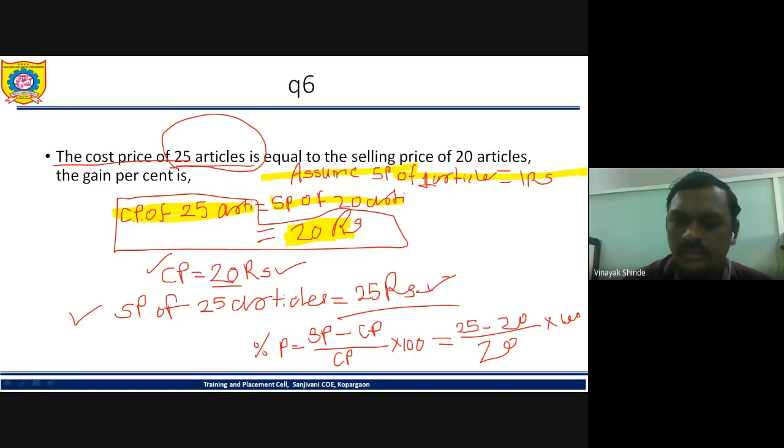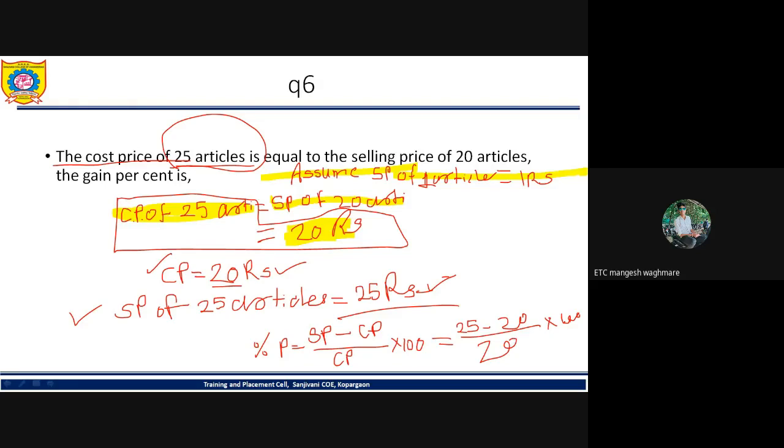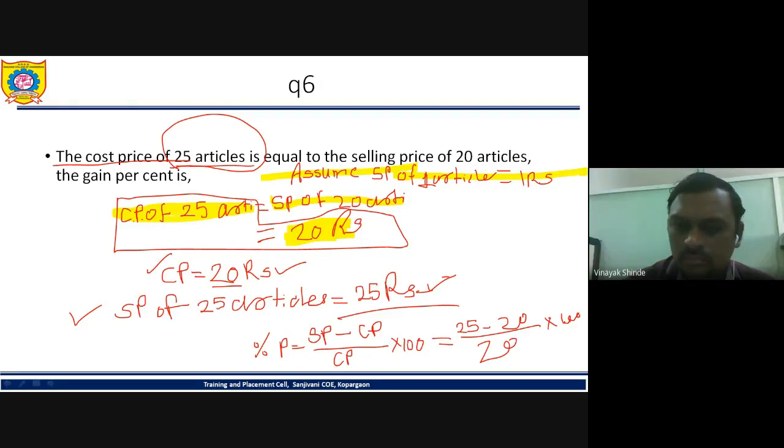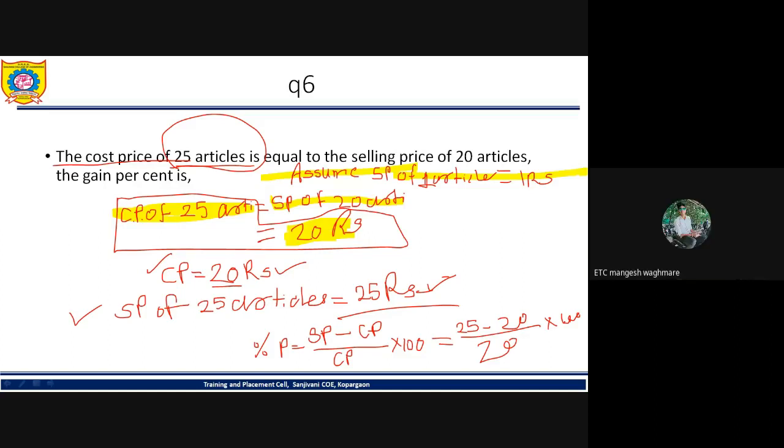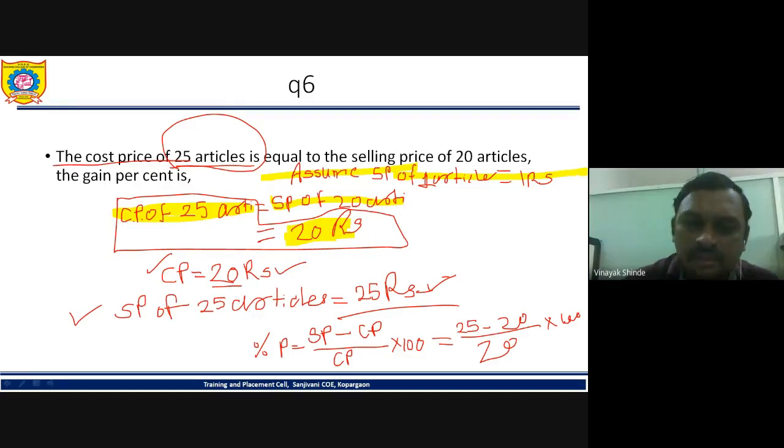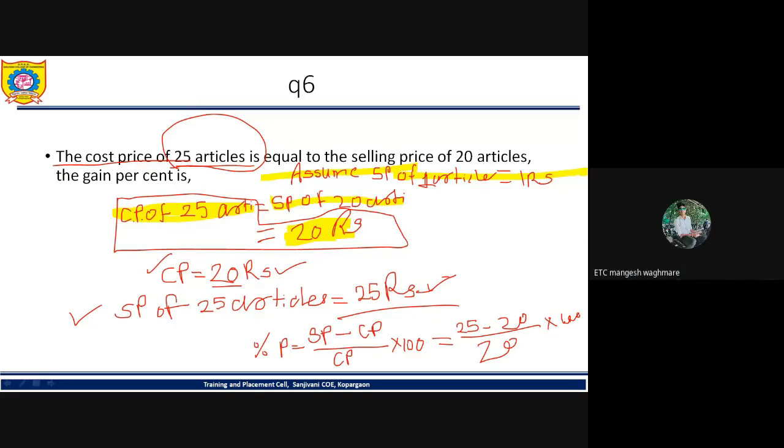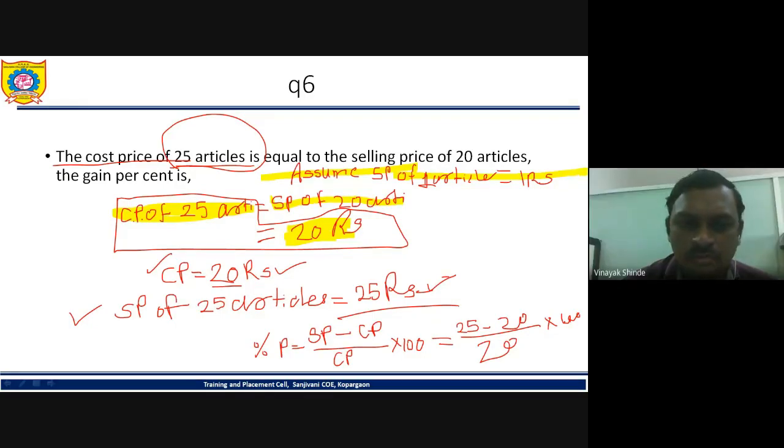Tell me the percentage loss formula. Don't know? Tell me percentage gain. The selling price minus cost price upon cost price into 100. And you don't know the loss formula, right?